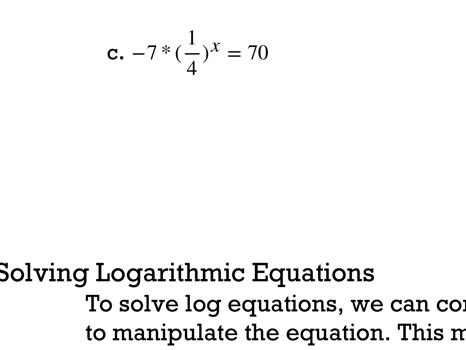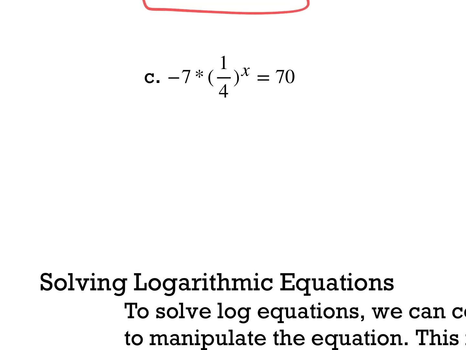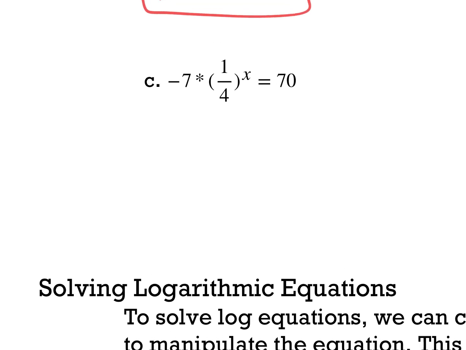Here, we are going to try to think about what could go wrong. So we will start again by approaching this the same way. I want to deal with this -7 being multiplied, so I divide. I get 1 over 4 to the x power equals -10.